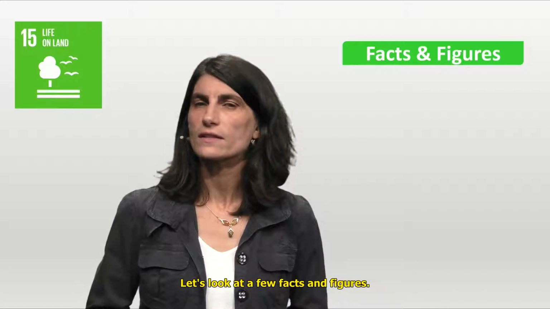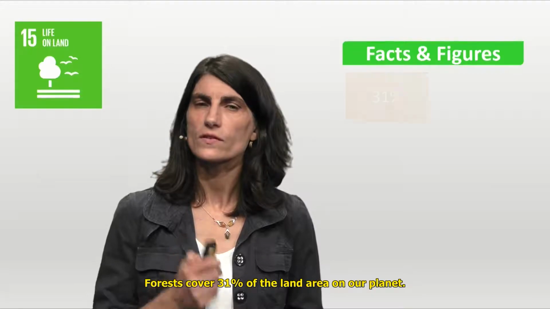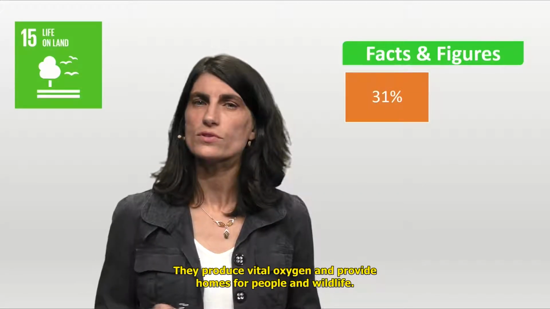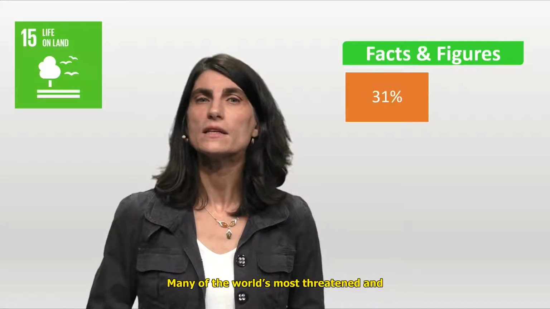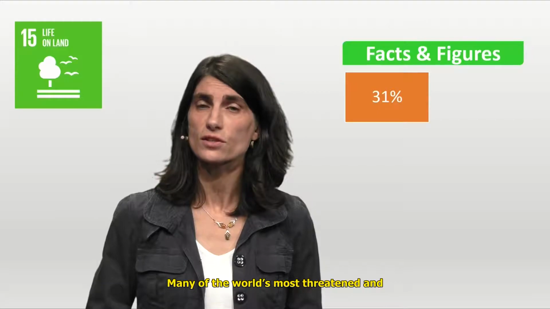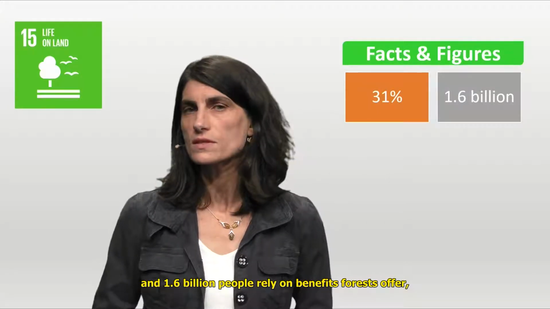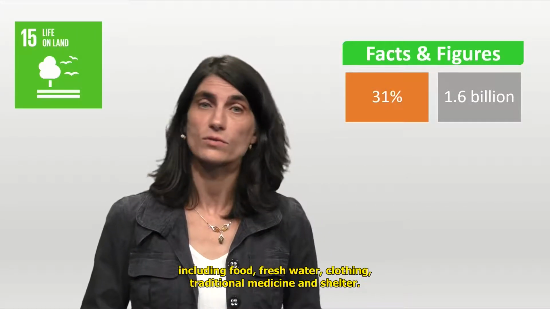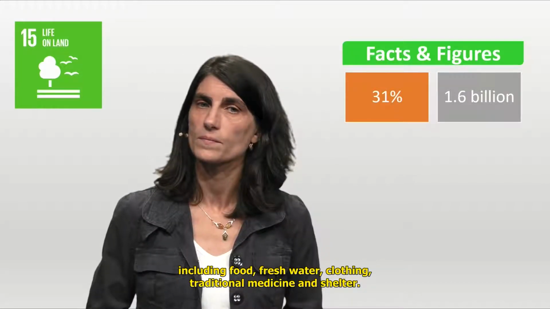Let's look at a few facts and figures. Forests cover 31% of the land area on our planet. They produce vital oxygen and provide homes for people and wildlife. Many of the world's most threatened and endangered animals live in forests. And 1.6 billion people rely on benefits forests offer, including food, fresh water, clothing, traditional medicines, and shelter.